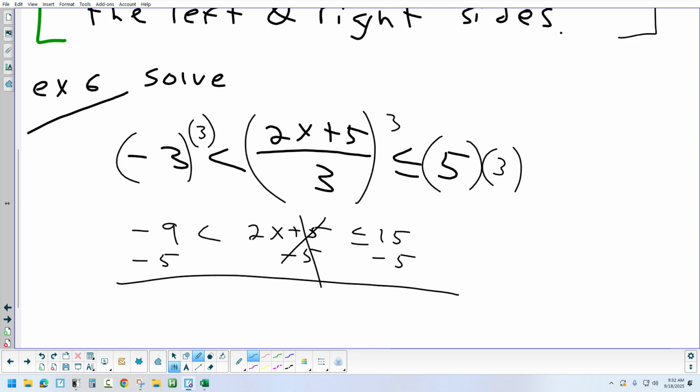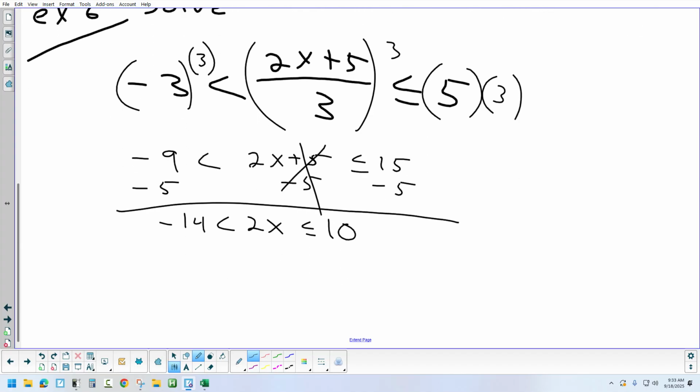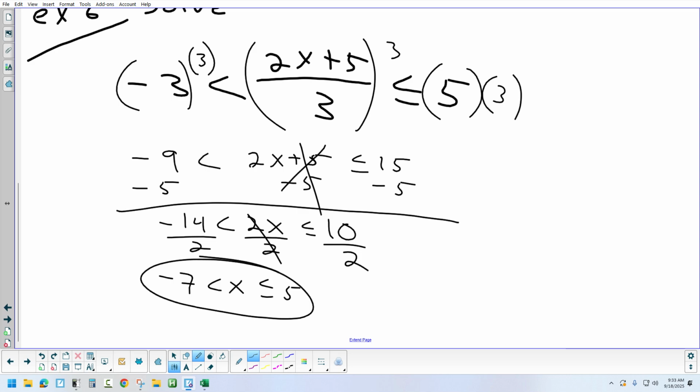Negative 9 minus 5 gives me negative 14. And 15 minus 5 gives me 10. And my last step to get x alone, yep, divide by 2. Here, here, and there. Okay, so final answer is negative 7 is less than x, which is less than or equal to 5.